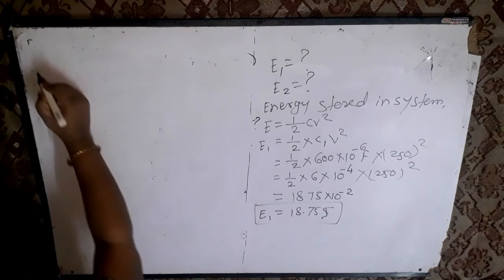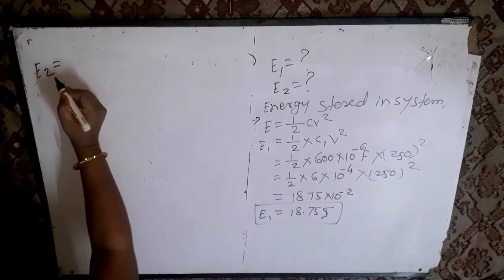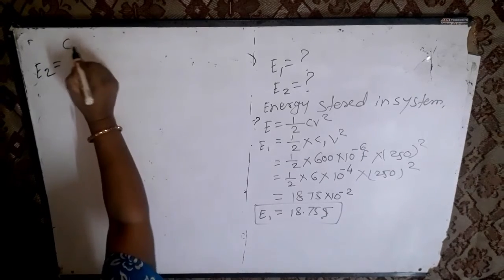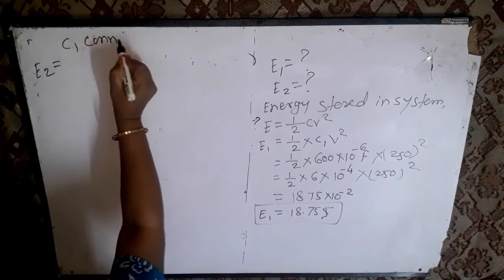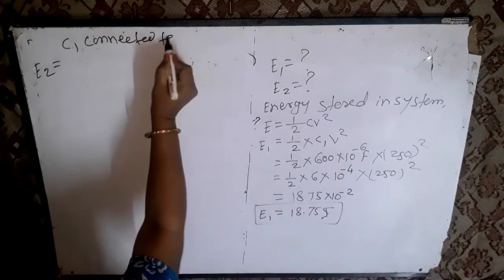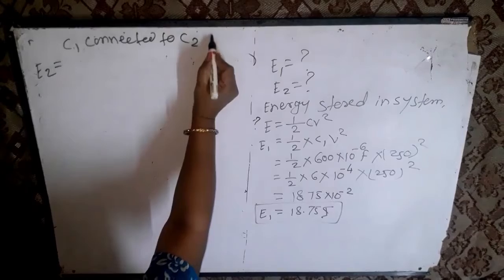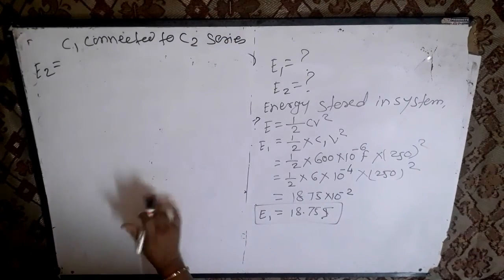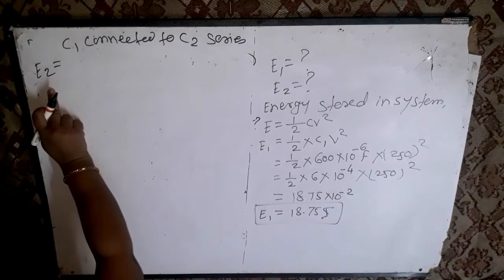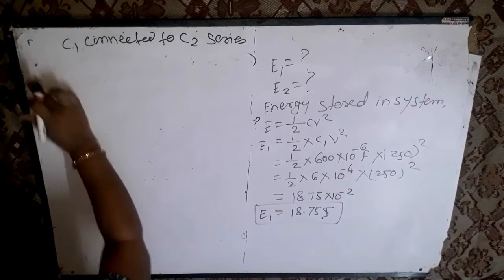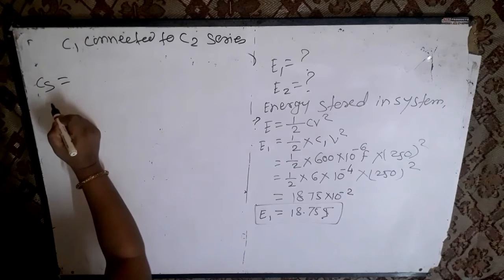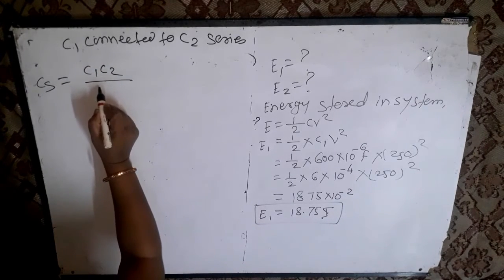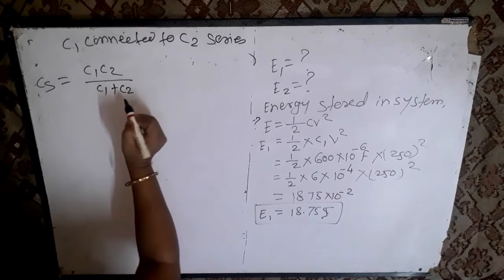Now again find E2. When C1 is connected to C2, C1 is connected to C2 in series form. Firstly, CS in series form is equal to C1 into C2 divided by C1 plus C2.